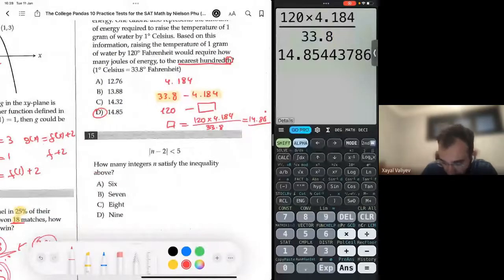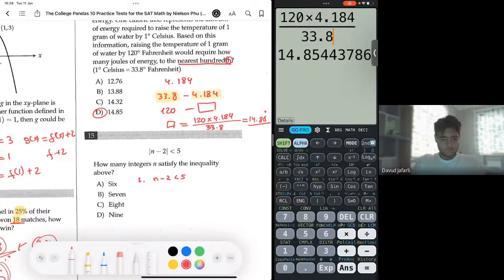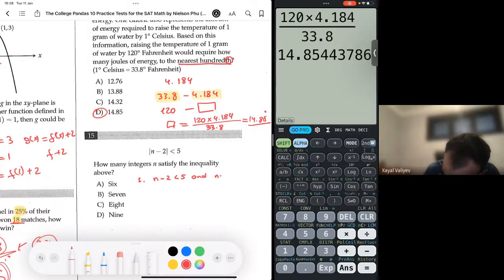Inequality, the modulus of an inequality is a bit weird because you're going to write two cases here. Case one, you're going to say n minus 2 less than 5 and n minus 2 greater than negative 5. By the way, for the less than case, modulus of x less than a, we have two cases: x less than a and x greater than negative a.